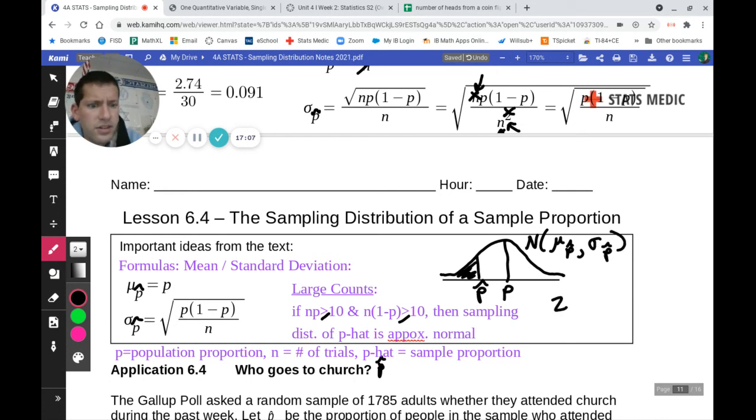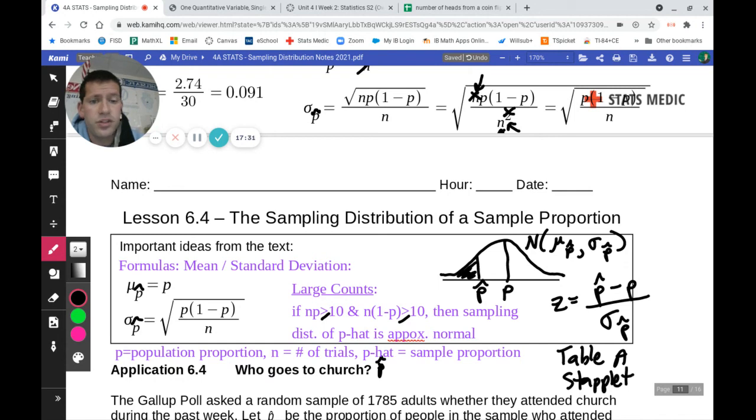To find our z-score, we take our sample proportion p hat minus the population proportion and divide by the standard deviation of our sample proportion. We can use table A. The last video also went into depth about how to use Staplet to analyze normal distributions, and hopefully we'll do that again in class.